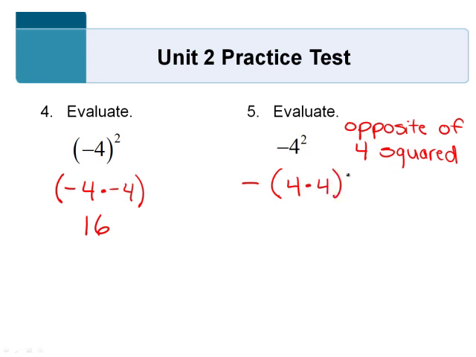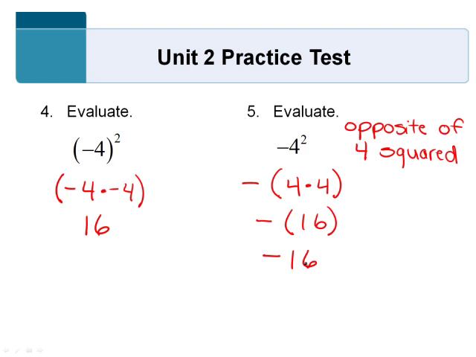If they wanted you to square a negative 4, it would be written like number 4 that we just did. So here, when there's no parentheses, the opposite sign must stay out in front, okay? So you have the opposite of 16, which would be negative 16.